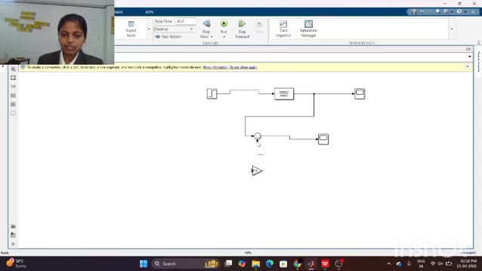And this is the summation block, which performs the subtraction, output signal minus scaled signal, and the result gives the error signal. This helps in analyzing how far the system is from the desired behavior. And this is the gain block, which multiplies the signal by 0.5, and this represents the scaled reference or feedback signal.